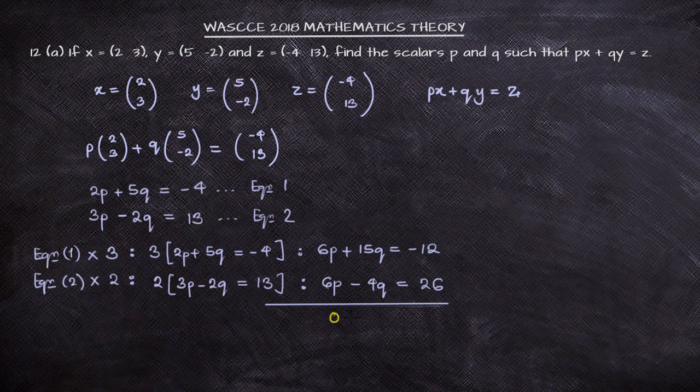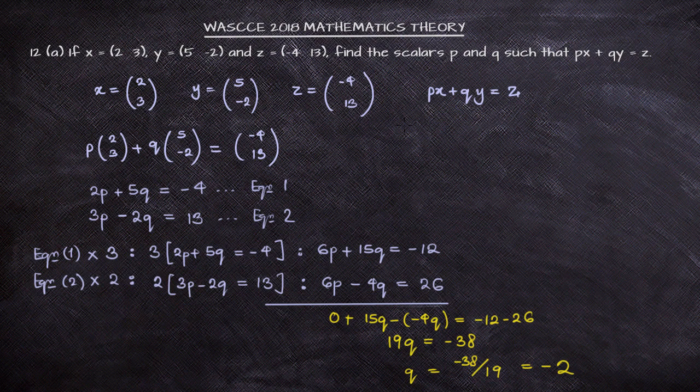So we have 0 plus 15q minus 4q is equal to minus 12 minus 26. So the two negative signs will turn to plus. So we have 19q is equal to minus 38. So that q is minus 38 over 19, which is minus 2. This value of q we can reuse in any of the previous equations we have found out. Let's say we want to pick equation 2.